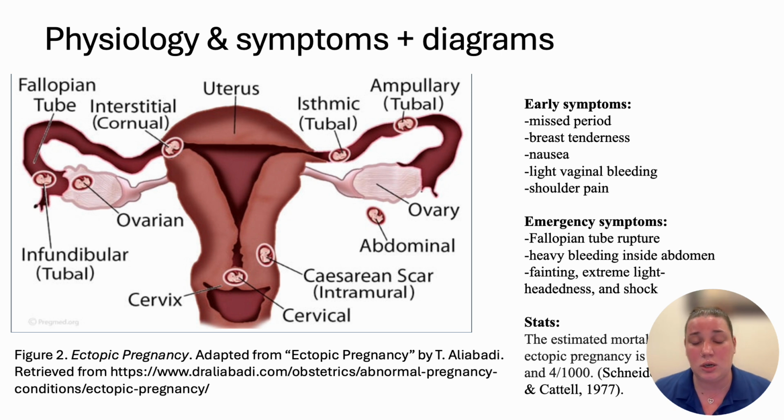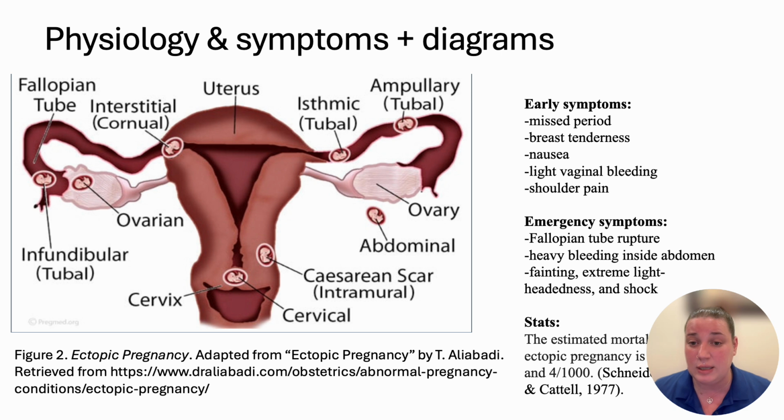The shoulder pain is caused by the bleeding on the inside. Some emergency symptoms. This is when it's pretty much too late and medication is not going to help. You need surgery or unfortunately you're going to die. So fallopian tube rupture, when this happens, it causes internal bleeding.